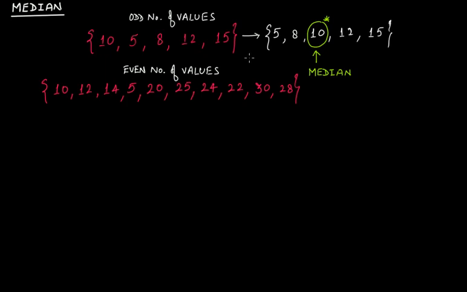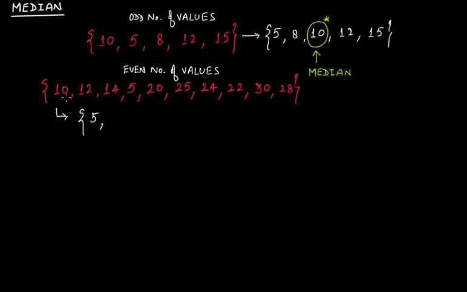Again, as we discussed, it doesn't matter whether the number of values in a data set is even or odd. What you have to do first is arrange the data set in an ascending or descending order. So let's arrange this data set in an ascending order. Which is the smallest number? 5.